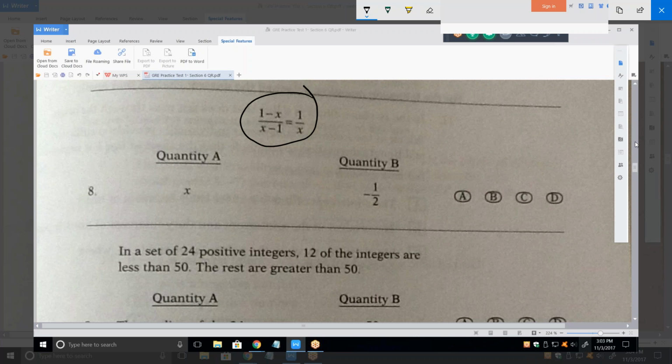How do I solve for x? Whenever you have an equation with one variable only, you can always solve it 100% of the time. So we can solve it, and then we'll be able to compare quantity A with quantity B.